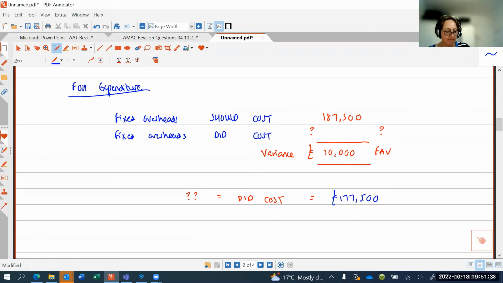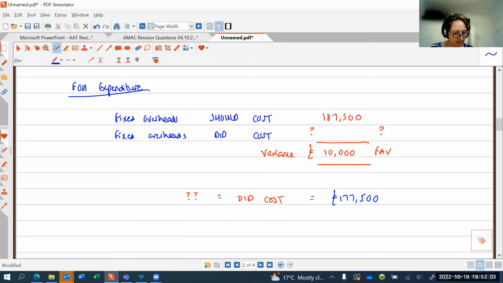So 177,500. And if you know that variance in its blank form, which is what I've done with everyone so far, then they're not so bad. Just like cooking isn't so bad if you've got a recipe and you've got the ingredients. You just have to follow the instructions. Well, these are the instructions. That's the learning part.